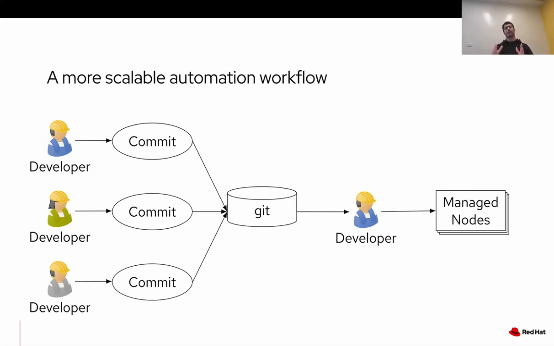As you can see, the last part of the workflow is the same, because that developer is managing nodes from their laptop. But now we do have a supply chain that starts with the developers on the left side and is about how the code arrives on that developer's laptop, the blue guy there.